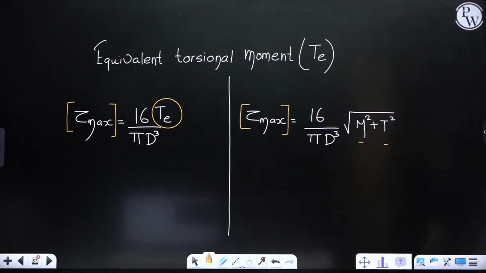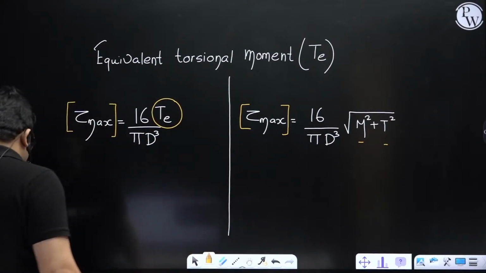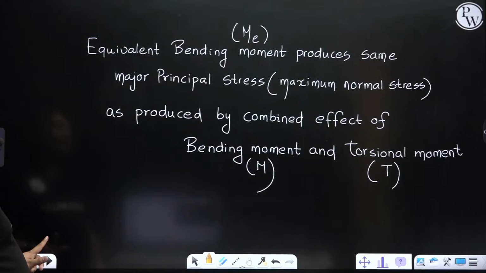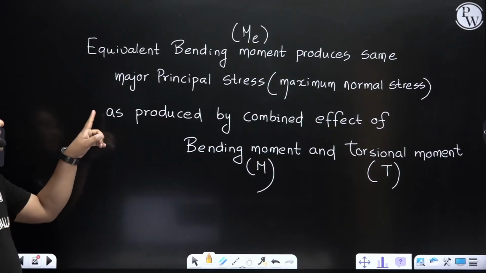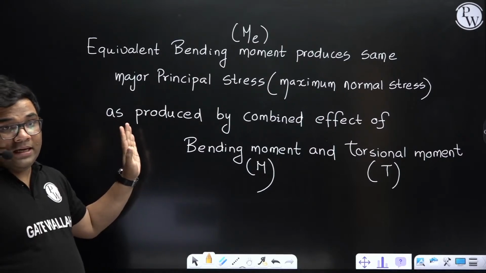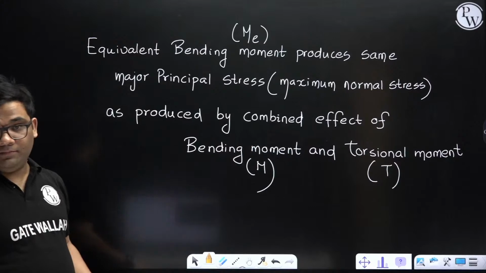Yes. So equivalent bending moment was what? Equivalent bending moment was the bending moment such that the major principal stress was same as produced by what? Combined effect of bending moment and torsion, right?